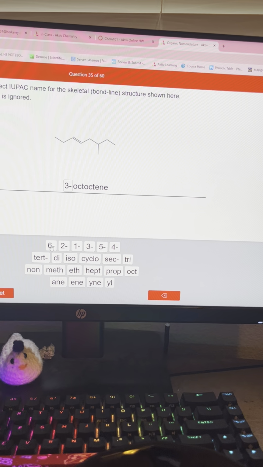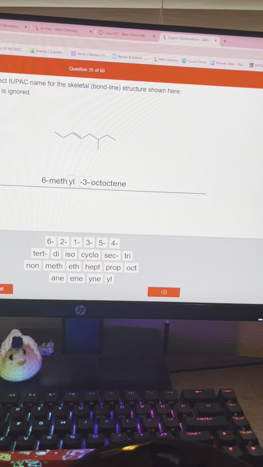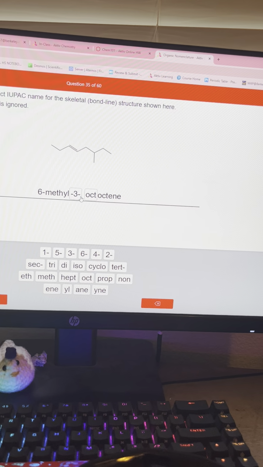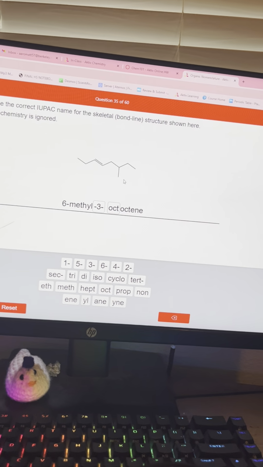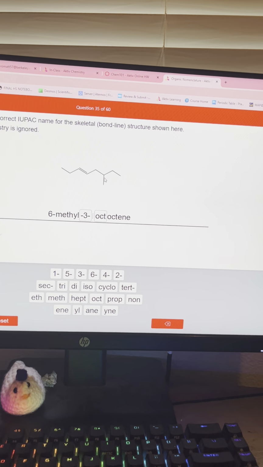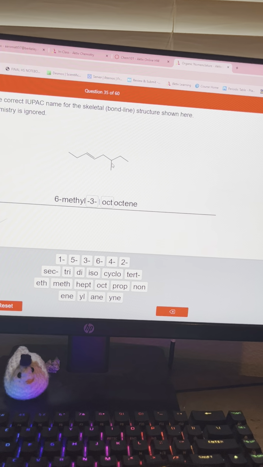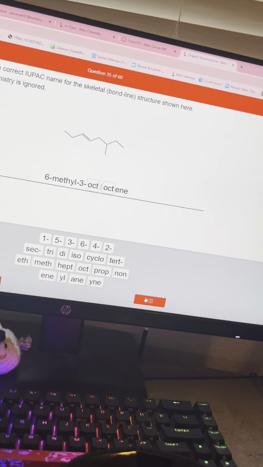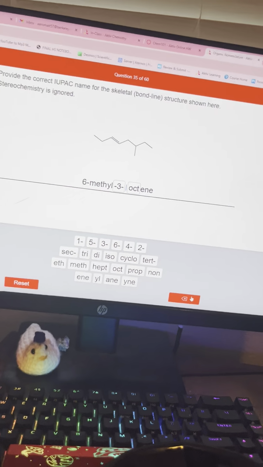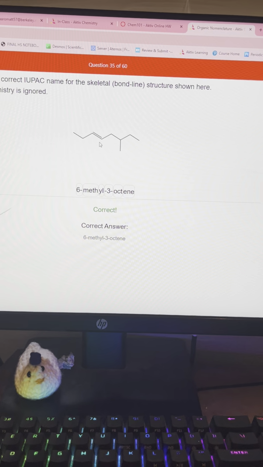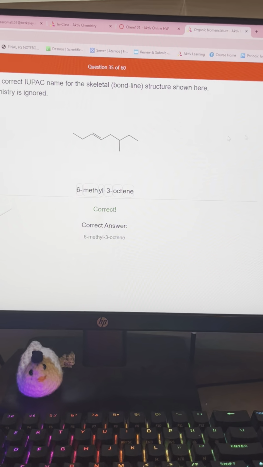So 6 is where our methyl is. No, mine is the other way around. Okay. 1, 2, 3. It always wants to be closer to a substituent than it wants to be to the, or is that not true? I just put, oh no, okay, no, I was right. It always wants to be closer to the double bond than it wants to be to the substituent.